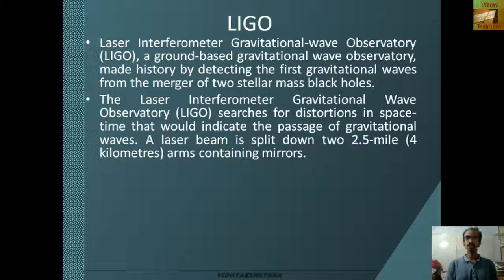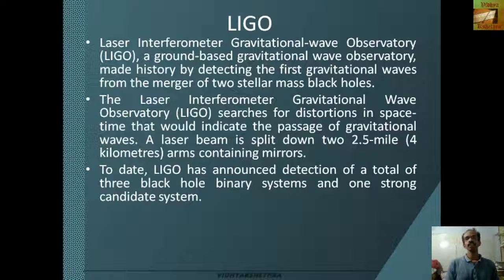The Laser Interferometer Gravitational Wave Observatory searches for distortions in space-time that would indicate the passage of gravitational waves. A laser beam is split into two 2.5 km arms containing mirrors, and the change in distance can be observed by the change in time observed in the traveling laser beam in these two arms.